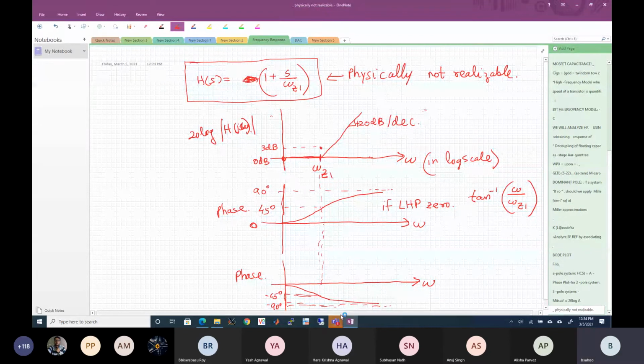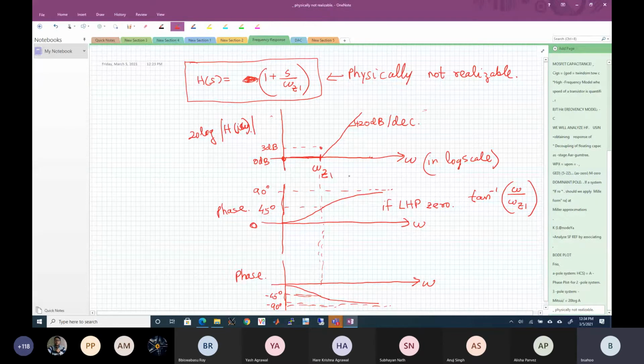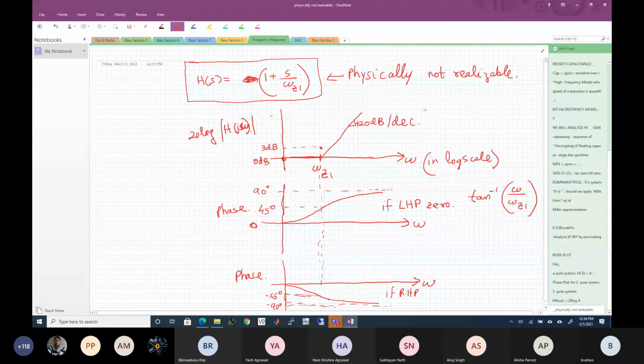So the gain response of the zero gives a 20 dB per decade slope, and the phase gives a positive phase change if it is in the left half plane, and negative if it is a right half plane zero.